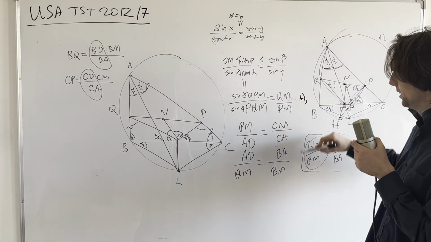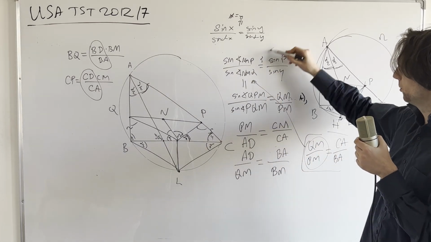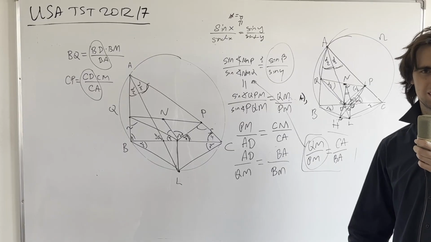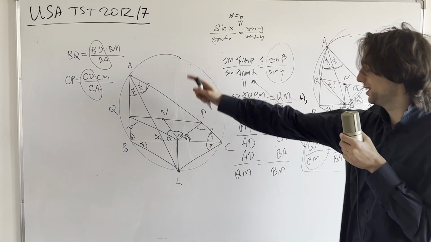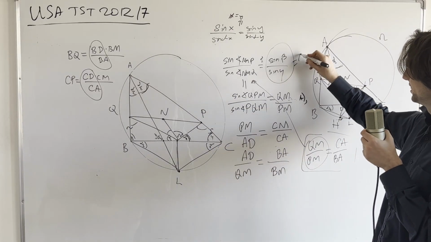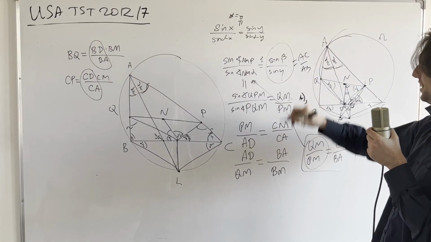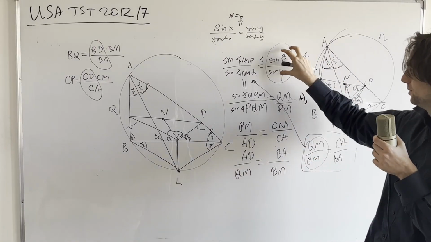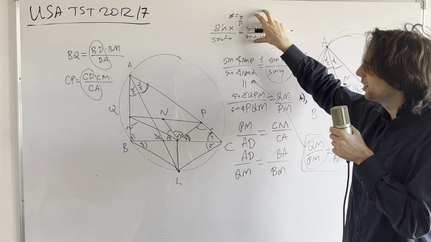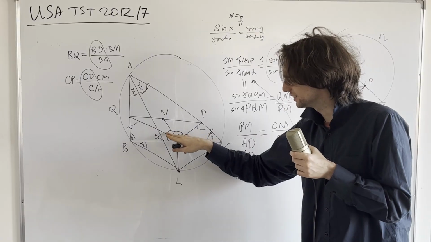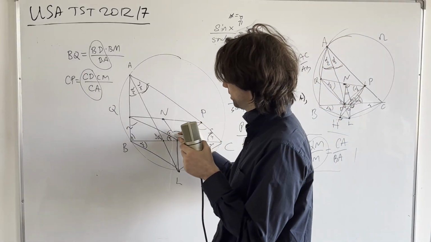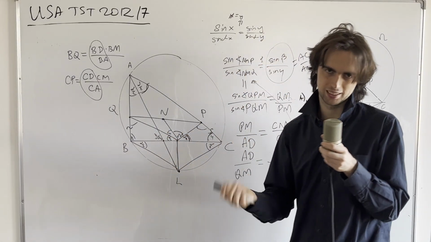However, this thing right here is equal to this. But what is sine of beta over sine of gamma? Sine of beta, AC. Well, this is equal to AC over AB. And that's why these two things are equal. And then by our lemma, we get that this is gamma, this is beta, and we're done.